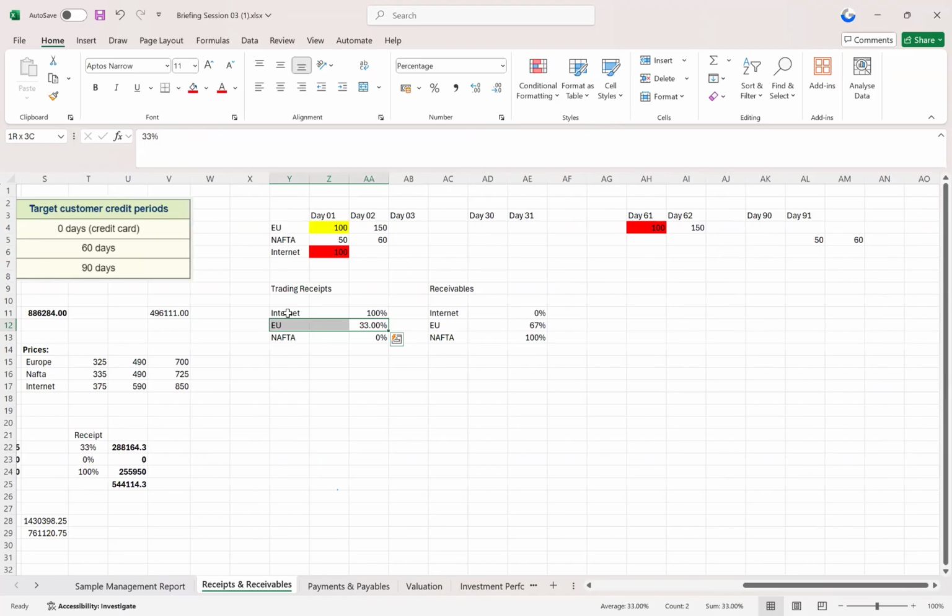If less money comes in the current quarter, you will go into overdraft facility. Is this clear? Yes, sir. Now it is clear, sir.